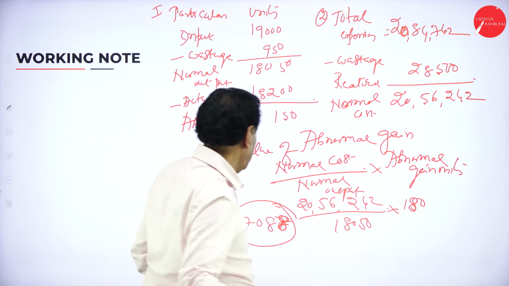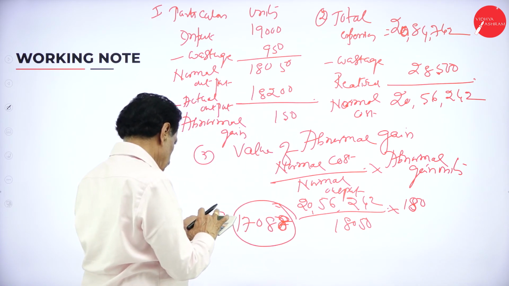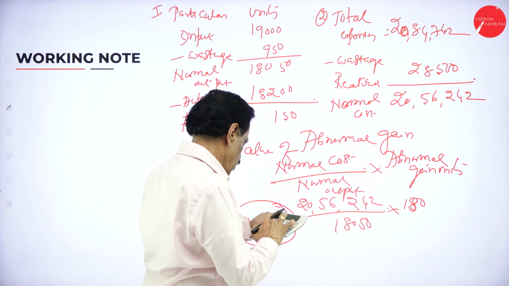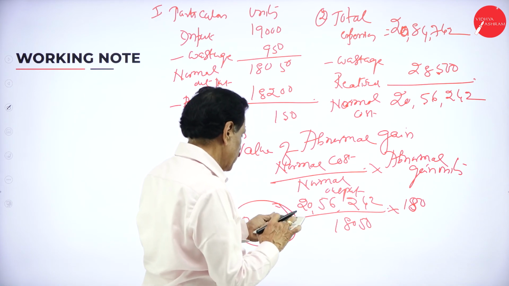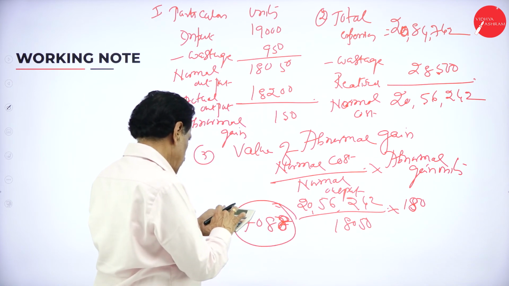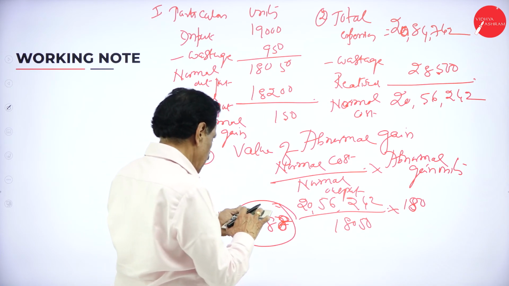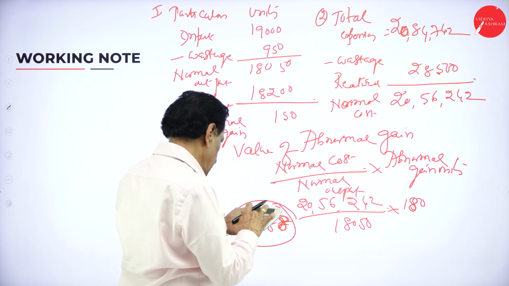So 29 lakh 56,242 divided by 18,050 into 180.